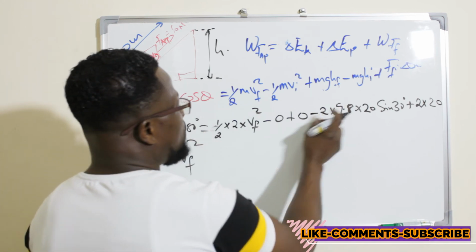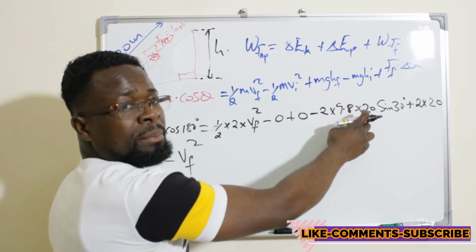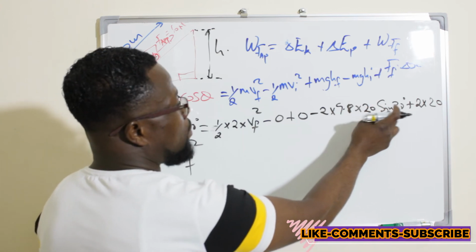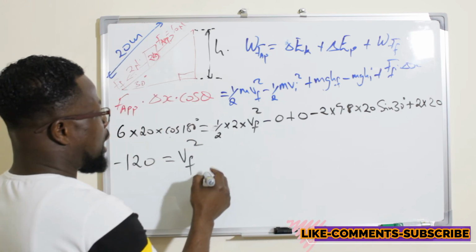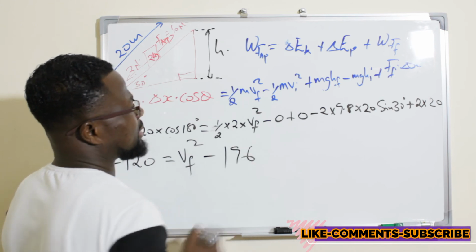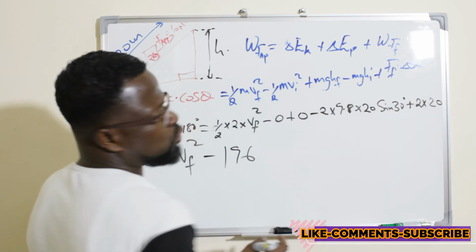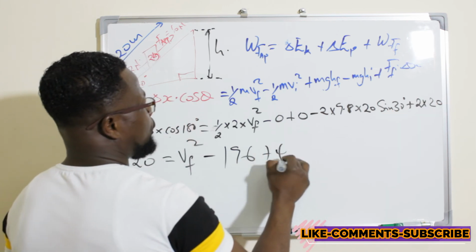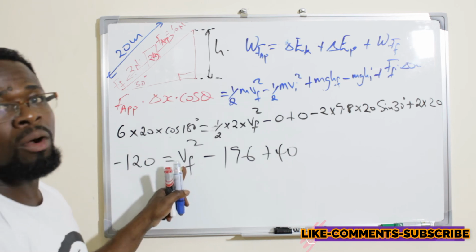And now I'm going to multiply negative 2 multiplied by 9.8 multiplied by 20 multiplied by this. And what are we going to have? We are going to have negative 196. And then I'm going to multiply 2 by 20, and that's going to be 40. So I have 40 there.